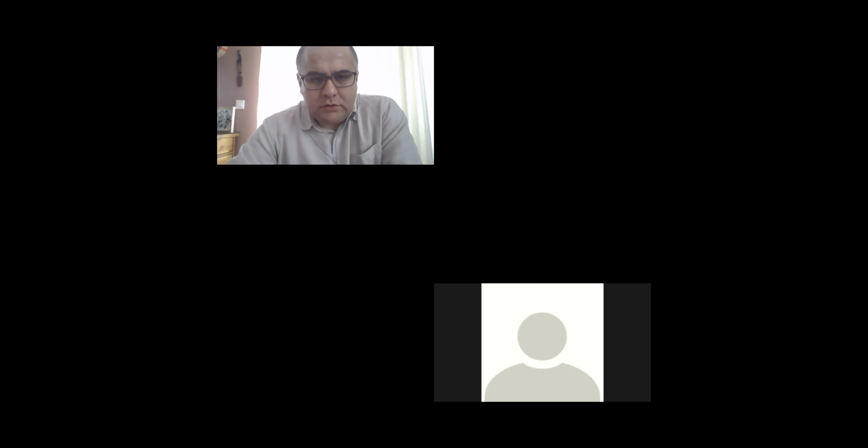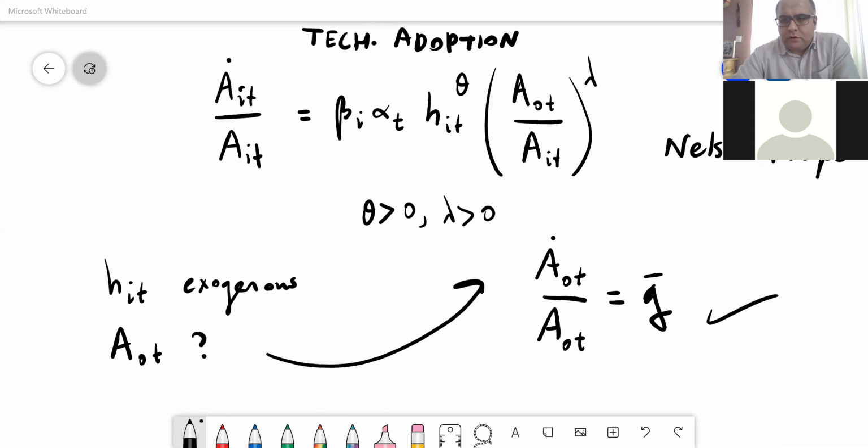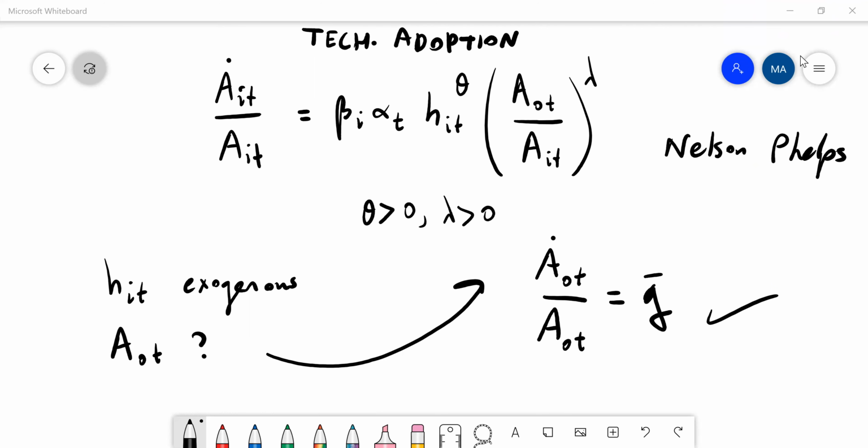So for technology adoption, I was just discussing such a functional form would be appropriate, for instance, as in the Nelson-Phelps model.